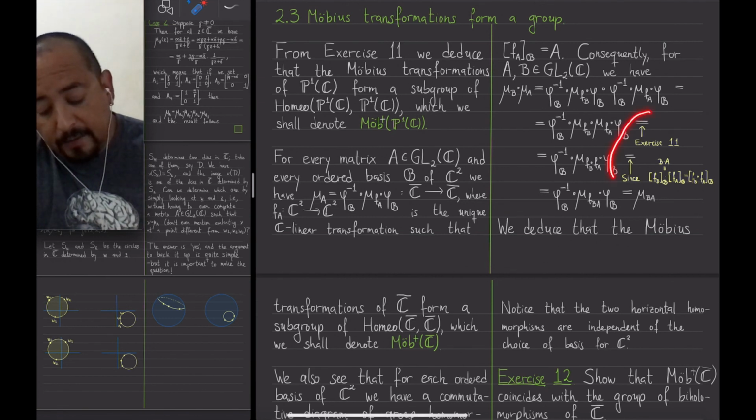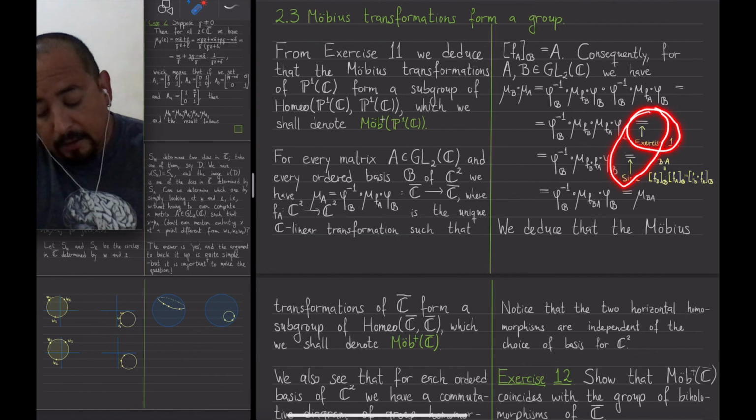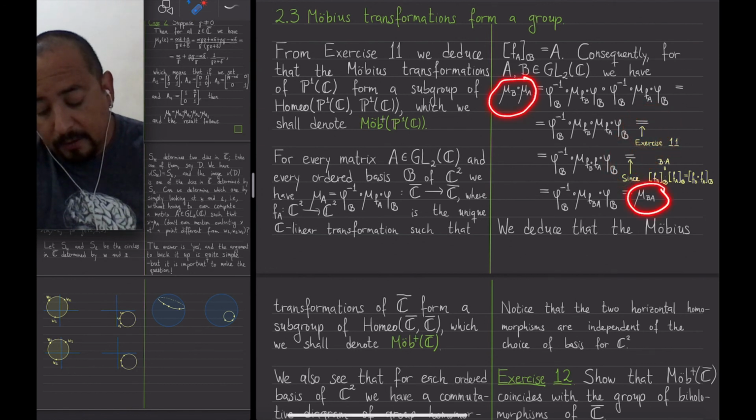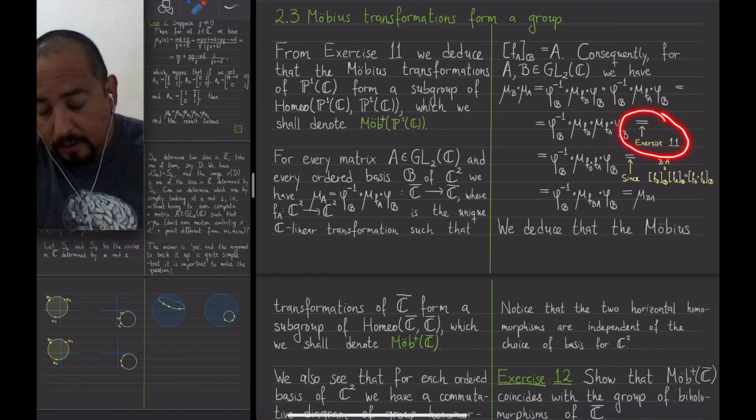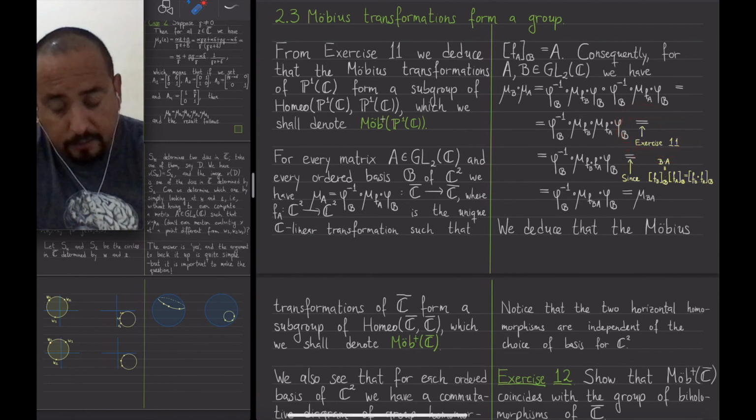I emphasized that our proof that composition of Möbius transformations is a Möbius transformation comes down to just the definition of composition of functions and this fundamental theorem of linear algebra.